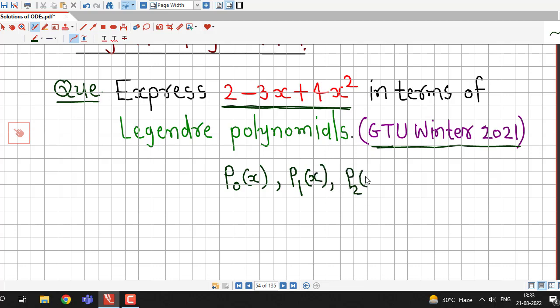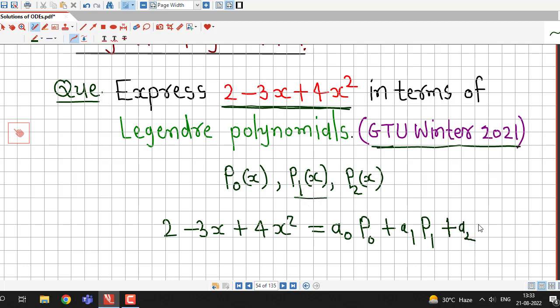We will write the given polynomial 2 minus 3x plus 4x square in this way: some constant into the Legendre polynomial of degree 0, plus another constant into the polynomial of degree 1, plus another constant into the Legendre polynomial of degree 2. So how to decide these constants a0, a1 and a2?